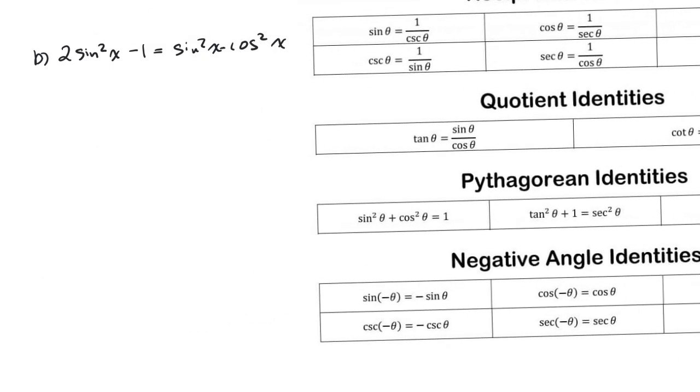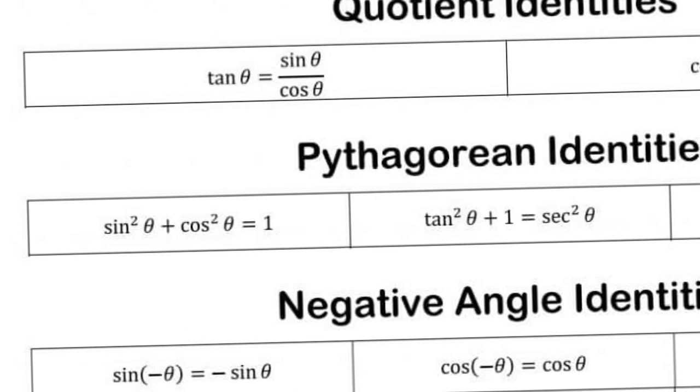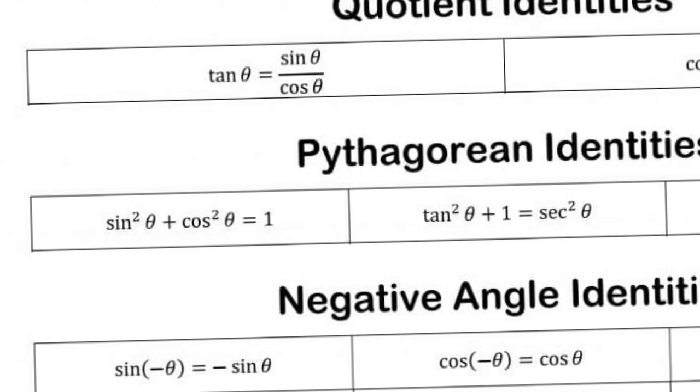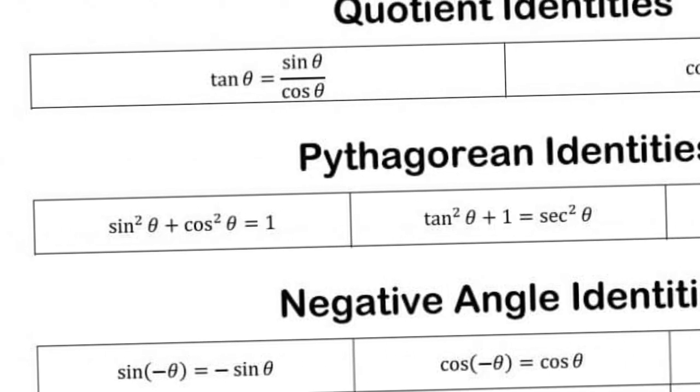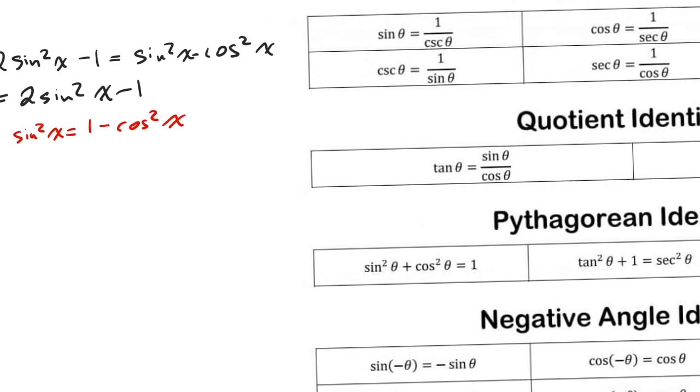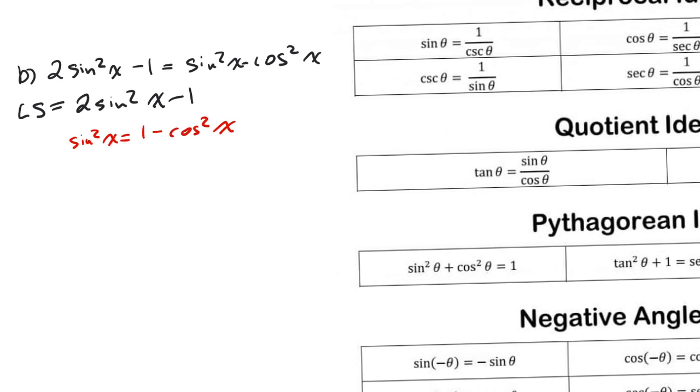Let's take a look at the left side of the equation. You notice sine squared x minus 1. Well, we take a look at the Pythagorean identity, and you realize that sine squared x plus cos squared x equals 1, which means if I solve for sine squared x, it's going to be 1 minus cos squared x. And that's what we have right here.